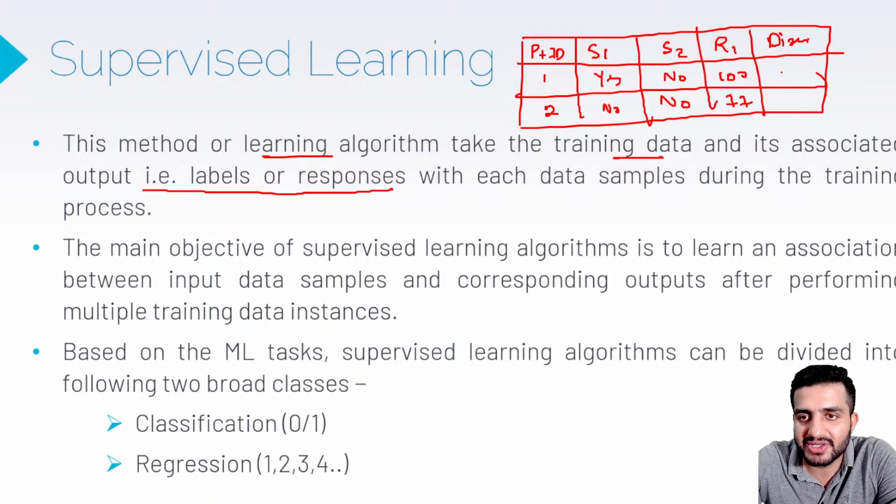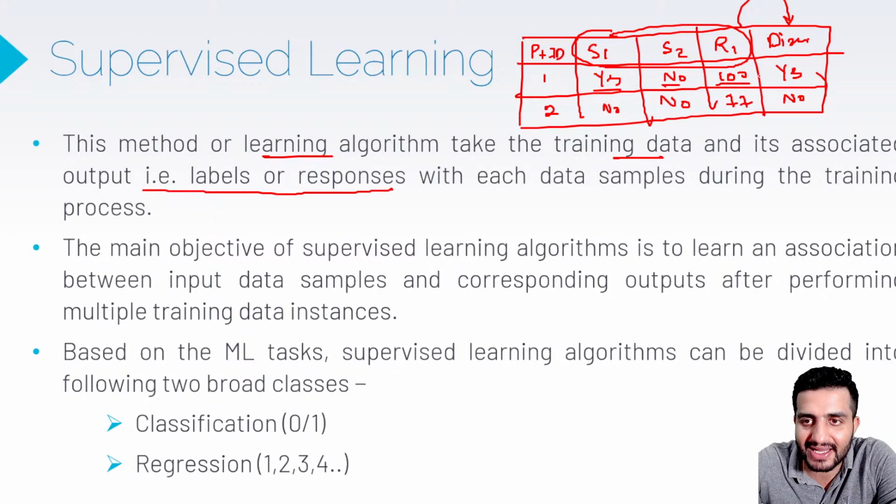So for this patient ID, yes, he has disease, and for him, he doesn't have disease, right? So these all data sets are directly related with my disease. So with symptom 1, yes, with symptom 2, no. Report 1 value is 100, yes, this shows that the person is having the disease. So it is directly related to my value in my output.